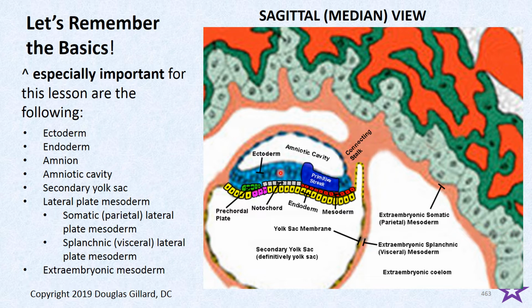And we've got a 3-layer disc created. We created an endoderm, which has some special cells, intervisceral endoderm cells. We don't need those until we start talking maybe about formation of the heart and circulatory system. But we created an endoderm. We have an ectoderm on the top. Now part of the ectoderm is filled up with a primitive streak that has been growing caudally toward the cranial aspect this way.